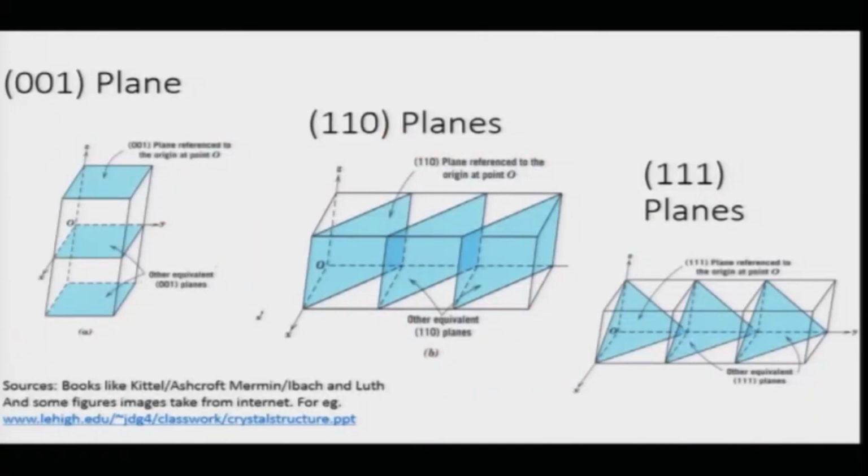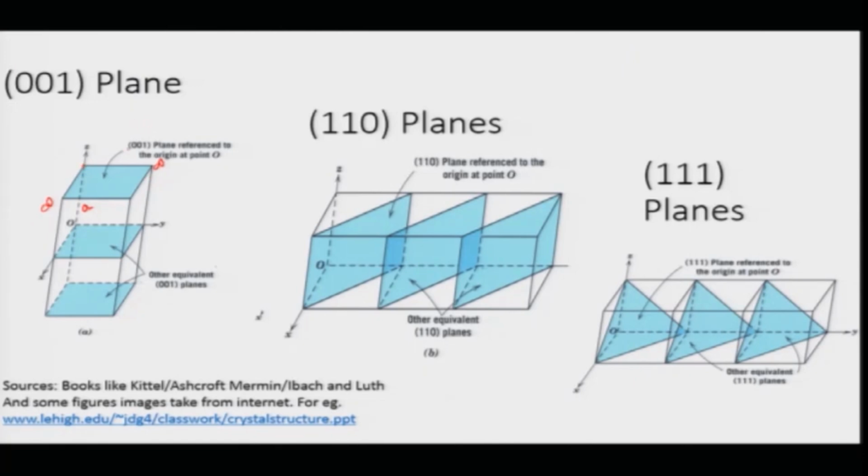For example, if you have this lattice plane shown here, it has an intercept along A. If A is the intercept along this direction, it is a cube, but the intercepts along x and y are infinity. So intercepts of this plane along the x and y are infinity, but along the z direction it is finite.